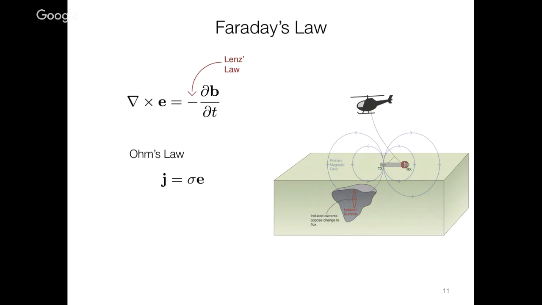Another aspect here, there's a minus sign here. That's Lenz's law, so this is often known as Lenz's law as well. And then there's another thing that is important. The time-varying magnetic field generates electric fields everywhere. Okay? If I have an electric field in a conductor, I get a current. Okay? That's Ohm's law.